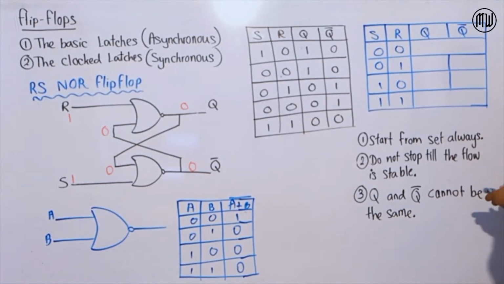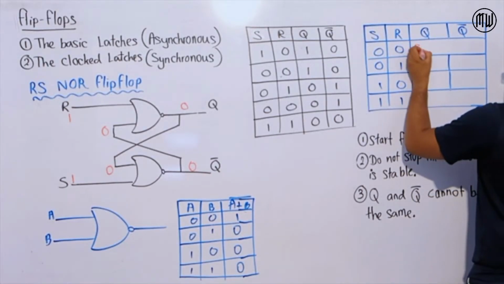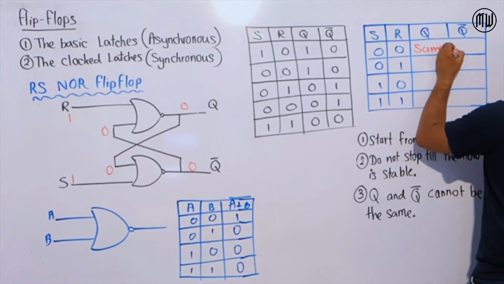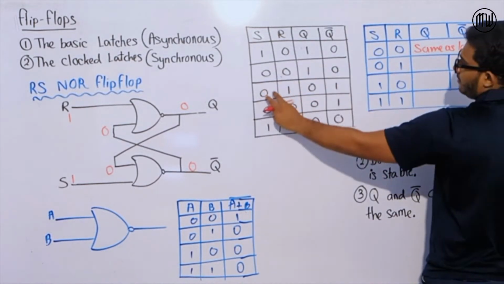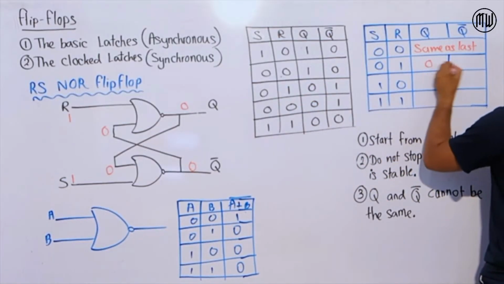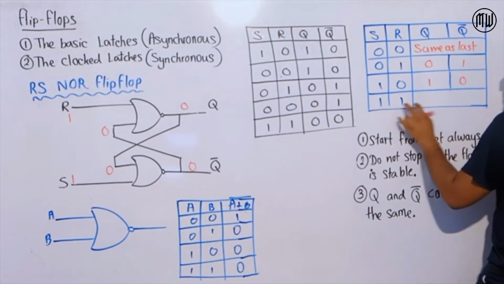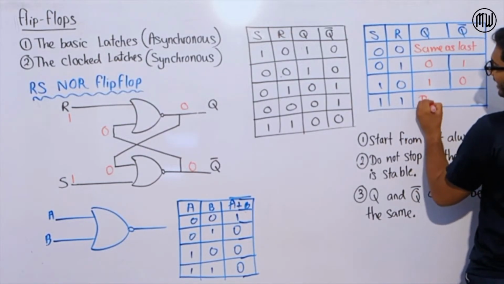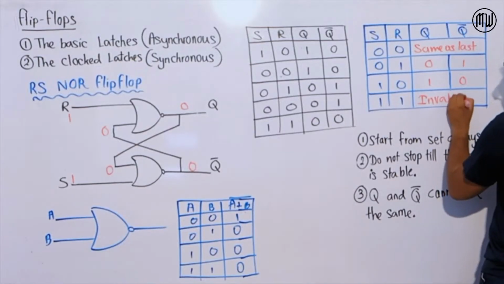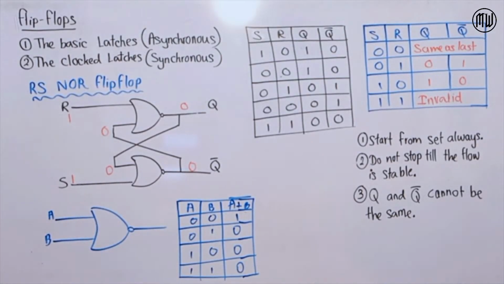When it's 0 and 0, the output remains the same as last. When it's 0 and 1, outputs are 0 and 1 as well. When it's 1 and 0, 1 and 0. When it's both 1 and 1, it gives us the same output, meaning it is an invalid state. See, it's essentially the same thing that we talked about for the NAND flip-flop, right? It's essentially the same. Okay?